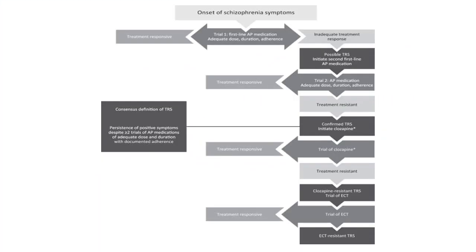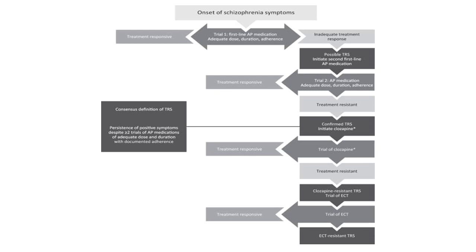Now let me tell you what are the different trials we perform in order to treat the schizophrenia symptoms. So the first trial, or trial 1, is at the onset of the schizophrenia symptoms, in which we take first line antipsychotic medications, with adequate dose, duration, and adherence.